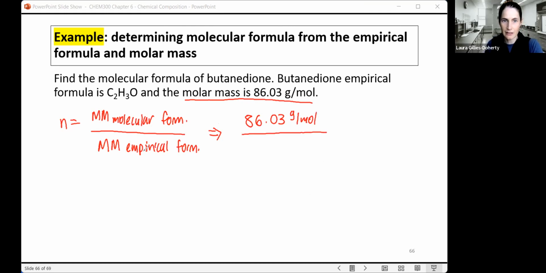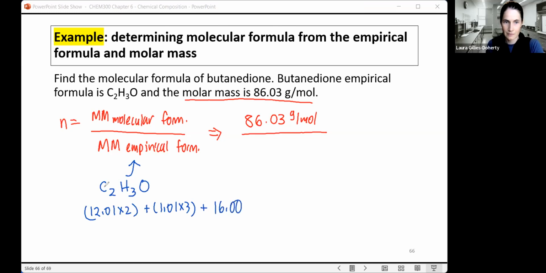And now we have to calculate the molar mass of the empirical formula. So we know our empirical formula from the problem is C2H3O. So we have 12.01 times 2 plus 1.01 times 3 plus 16. 2 atoms of carbon, 3 atoms of hydrogen, and 1 atom of oxygen in the empirical formula.